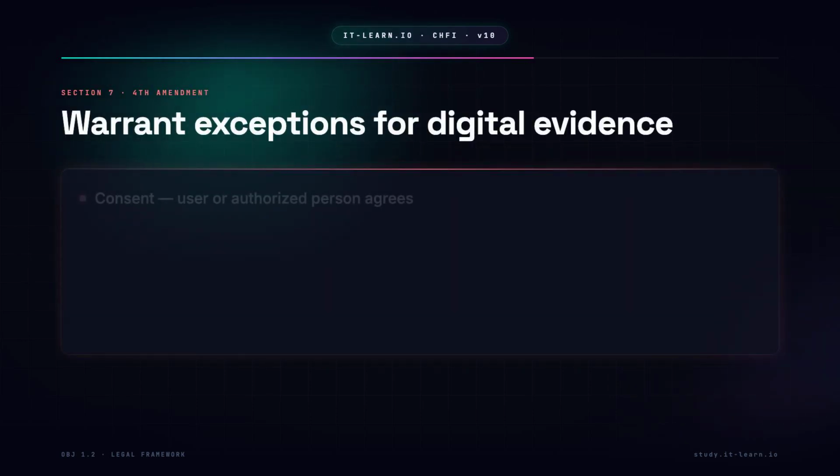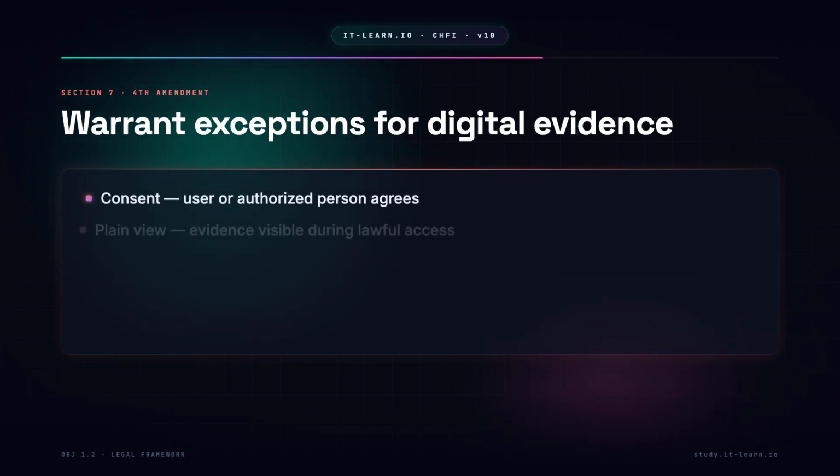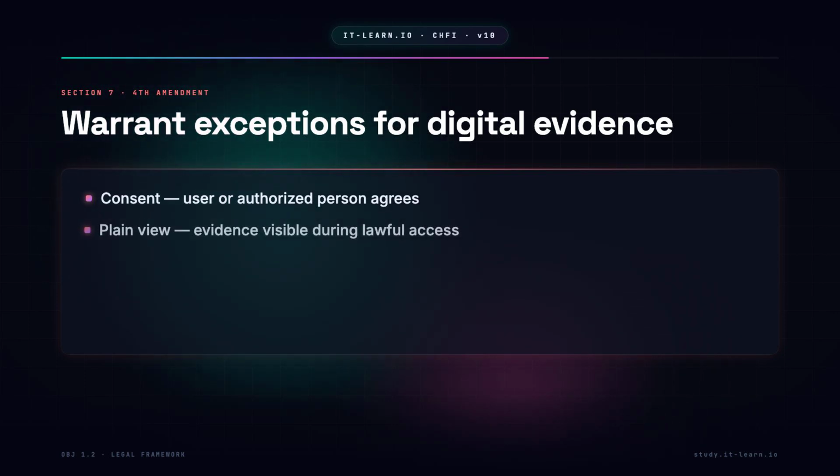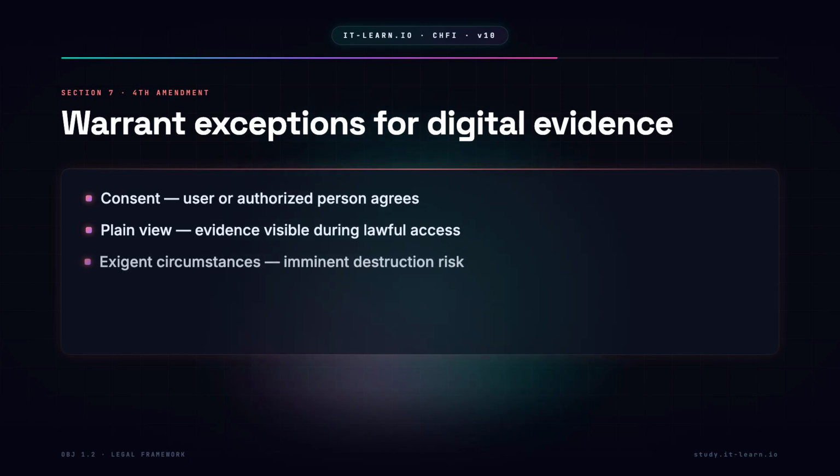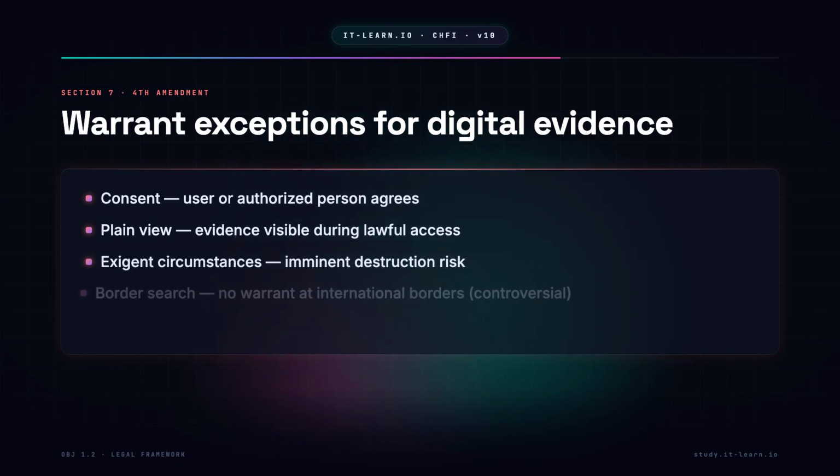Fourth Amendment to the U.S. Constitution protects against unreasonable searches and seizures, requires probable cause and a warrant for government searches. But there are exceptions you must know. Consent. The user or authorized person agrees to the search. Plain view doctrine.